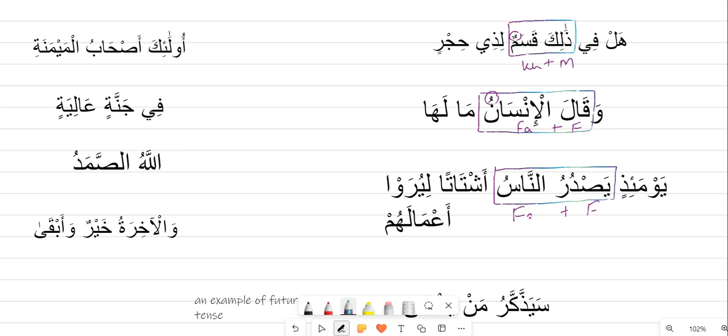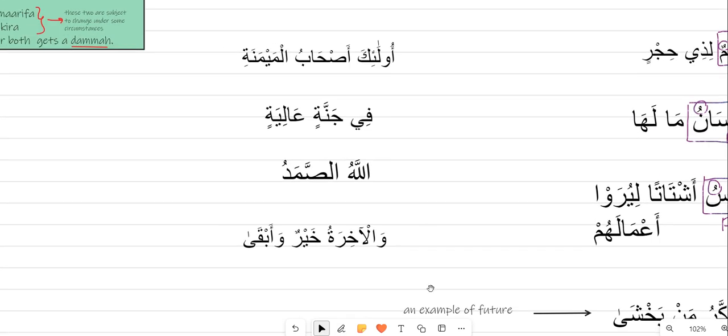And now we have more examples from the Quran. That is ulaika ashabul maymana. I have taken this example, ashabul maymana, to show you the structure of idafa. And this is also the structure of jumla ismiya, as this is mubtada plus we will look for the khabar.